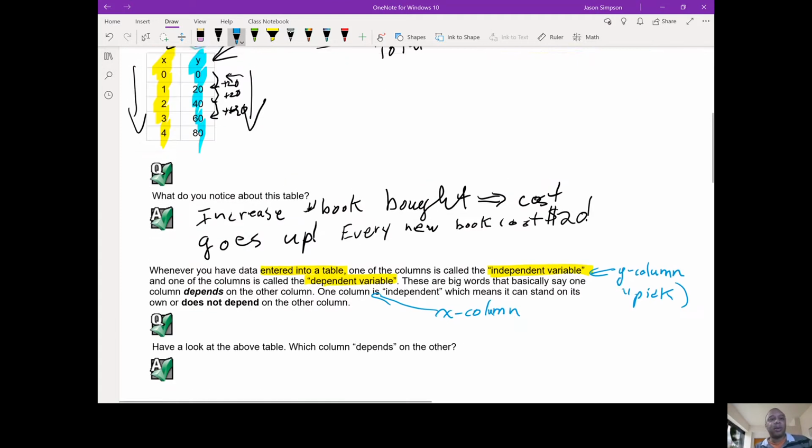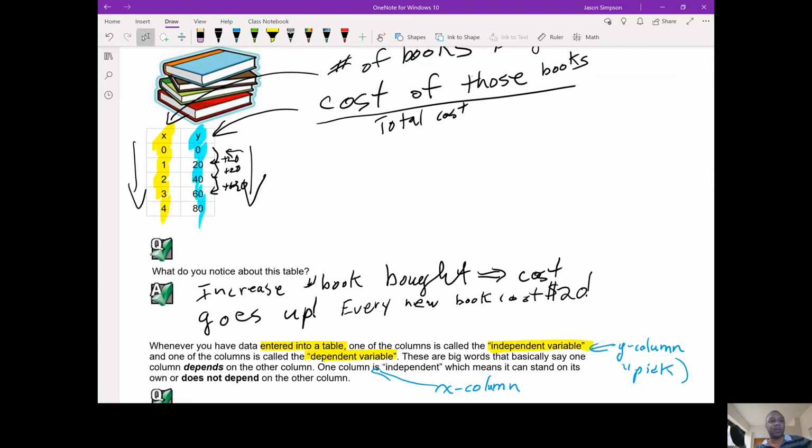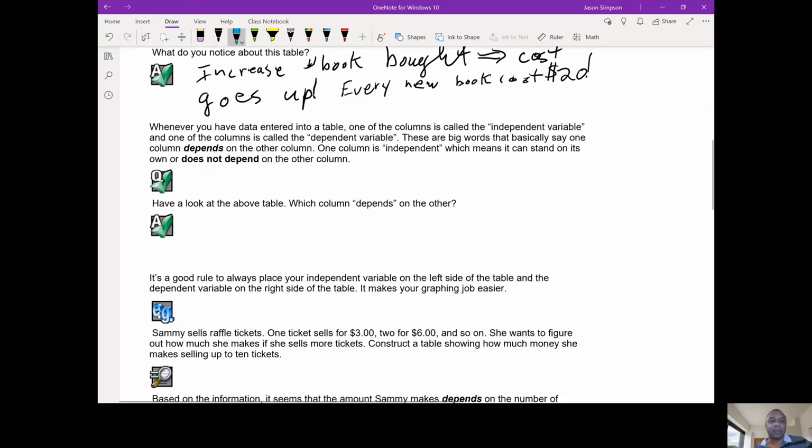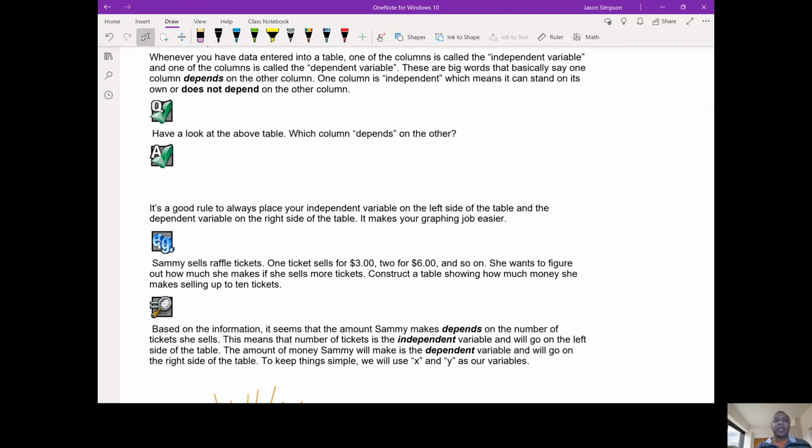So let's go back. If I was looking at this table here, the x column starts on... let's try that again. All right, so whenever you have data that's entered into a table, one of the columns is called an independent variable, right?